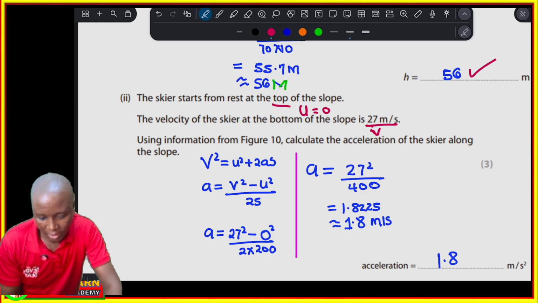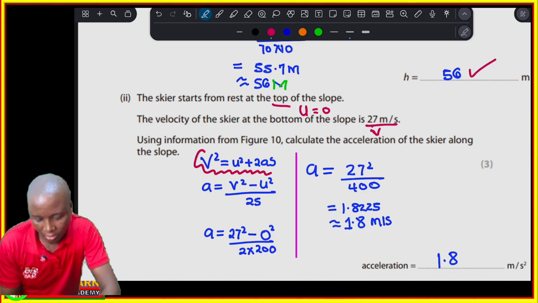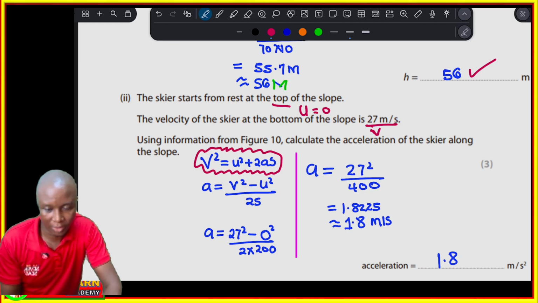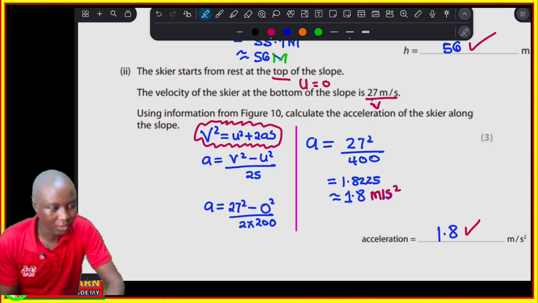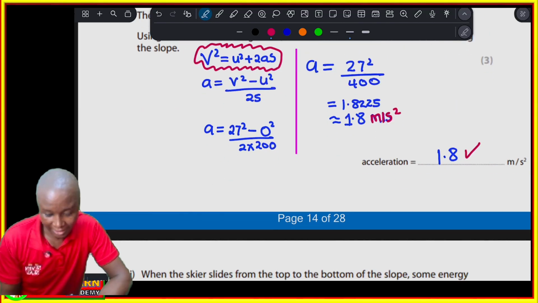So we shall just use the relationship v squared equals u squared plus 2as. If you rearrange the formula, you are going to get your acceleration being 1.8 meters per second squared. That's what you are supposed to do as a candidate to earn your marks.